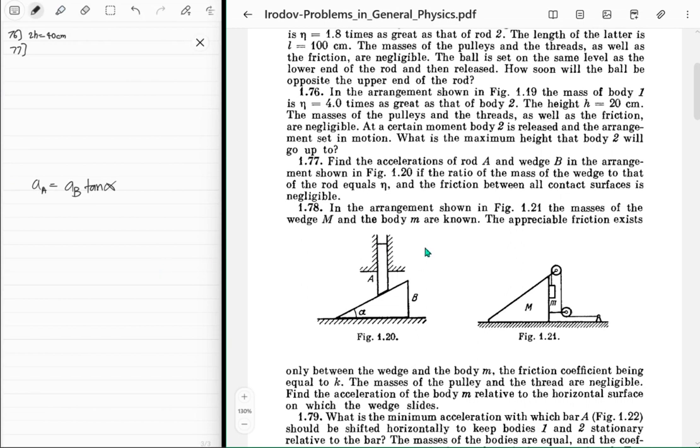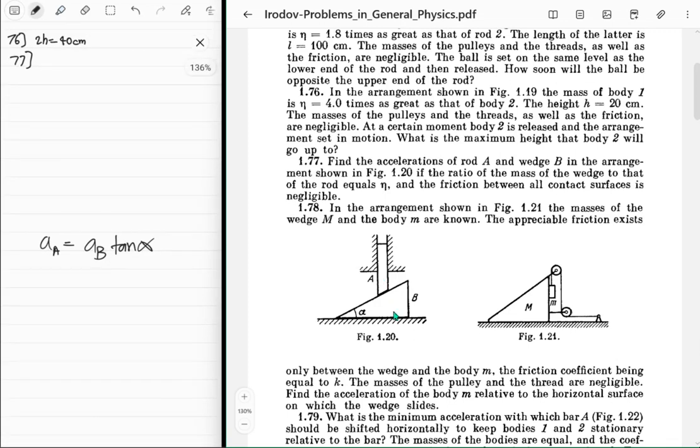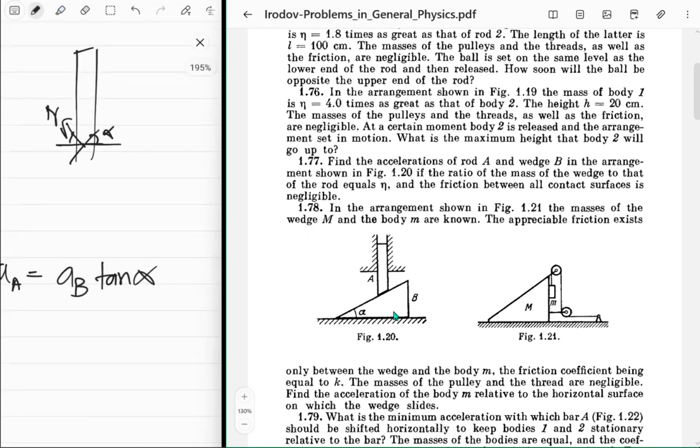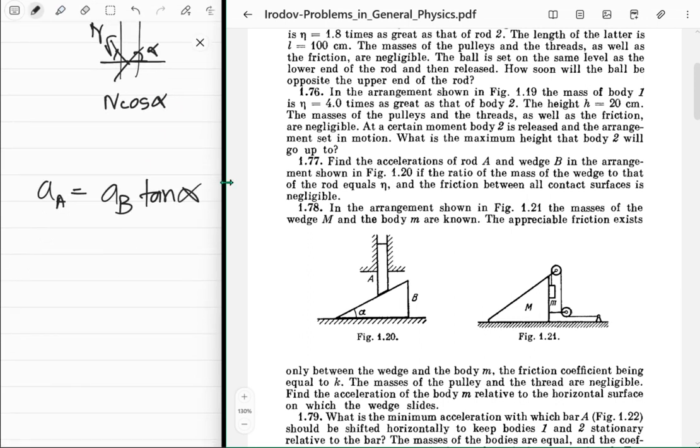Now we need to figure out the acceleration of rod A and B. The ratio of their masses is given, so just assume this is small m and this is capital M. The rod receives a normal force at angle alpha, so the upward retarding force is n cosine alpha. There's a horizontal force you don't have to worry about, and then downward gravitation.